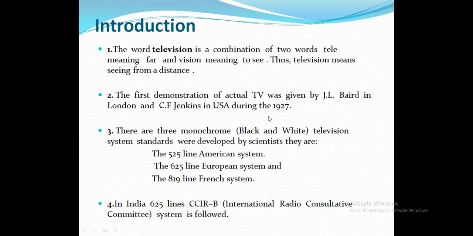One is the 525 line system, that is the American system. Next is the 625 line European system, and the 819 line French system. But in India we use the 625 line European system.